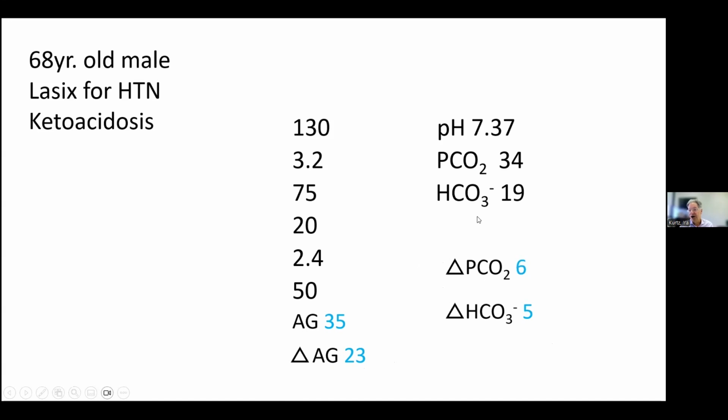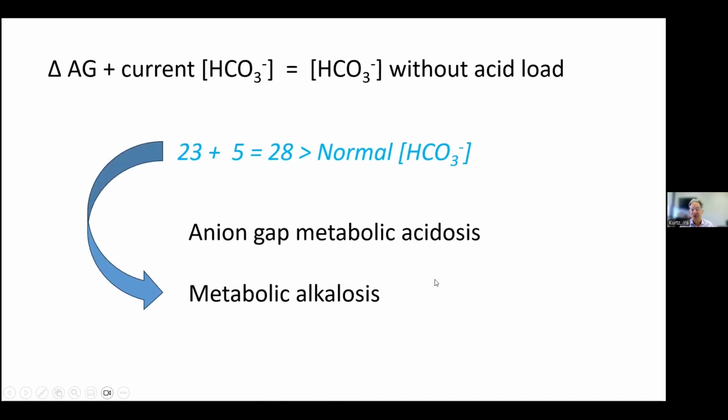So it's appropriately compensated. But the question is, is there something else going on in addition to the anion gap metabolic acidosis? And that's why you have to add the anion gap to the current bicarbonate to get the bicarbonate without the acid load, or in other words, what was the original bicarbonate? So when we do that here, if the anion gap changed by 23, we add 23 to 5 and we get 28.